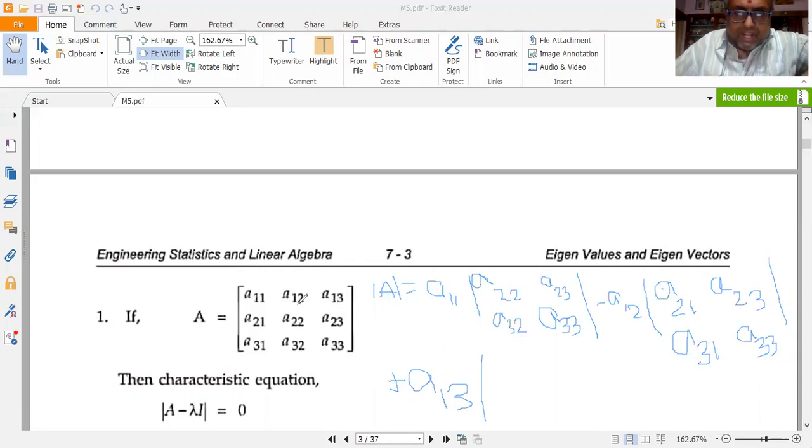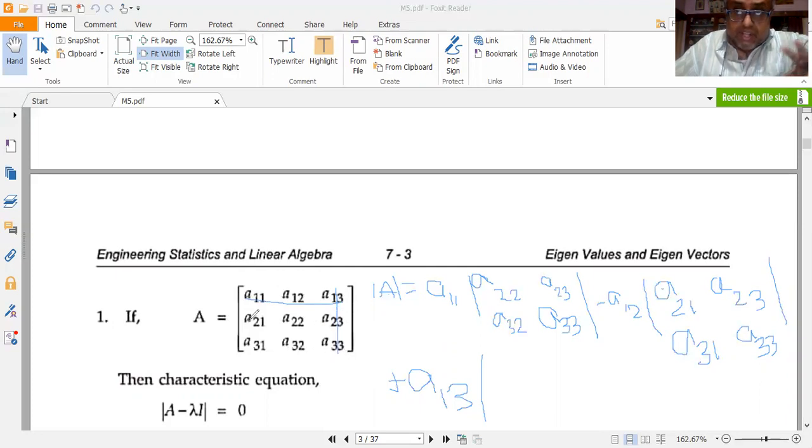Now obtain the determinant corresponding to A13. A13 corresponds to first row and third column of the matrix A. So delete the first row, delete the third column, and arrange the other elements in the form of a 2 cross 2 determinant.